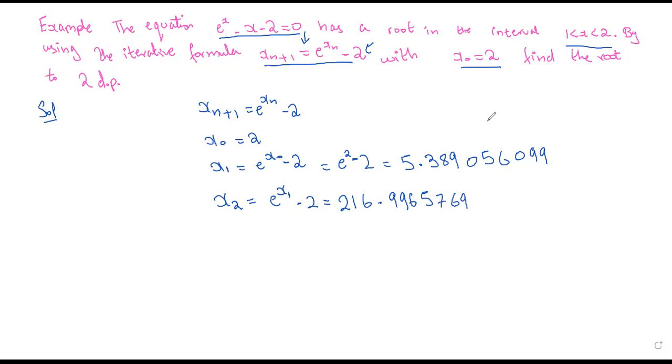Okay. So don't you think we have done something wrong? Because x1 is 5 and x2 is 216, the difference is huge. So I think we have done something wrong, right?